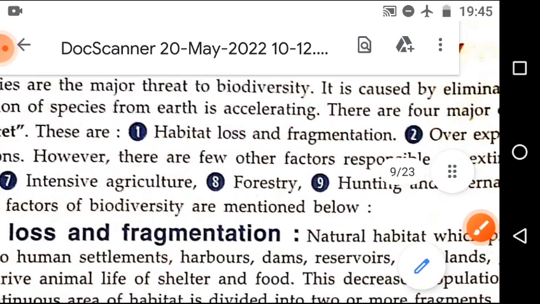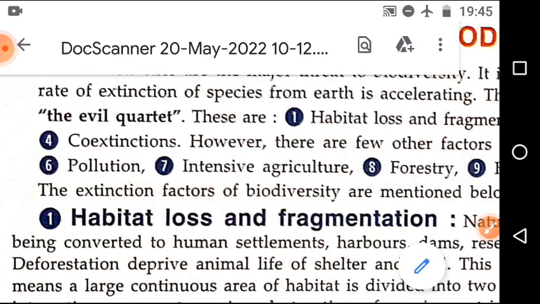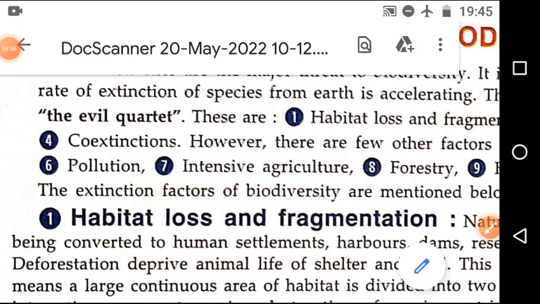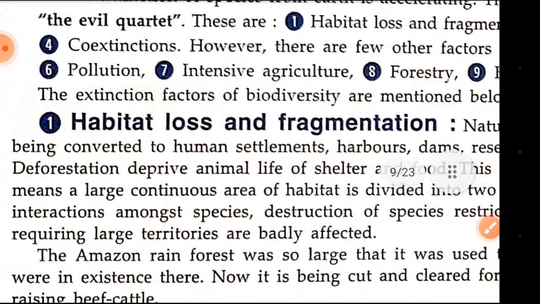Okay, so I have said many things about the factors responsible for loss of biodiversity. Let us discuss one by one in detail. The first is habitat loss and fragmentation. I will try to explain them line by line.